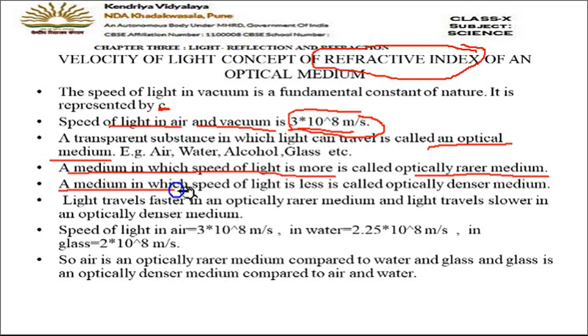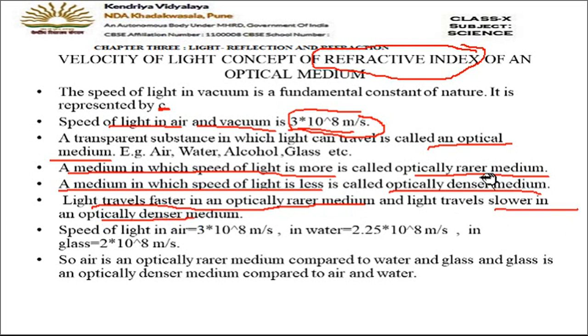And the medium in which the speed of light is less is called an optically denser medium. When the medium is dense, the particles are closer and obstruct the speed of light. Light travels faster in an optically rarer medium and slower in an optically denser medium.